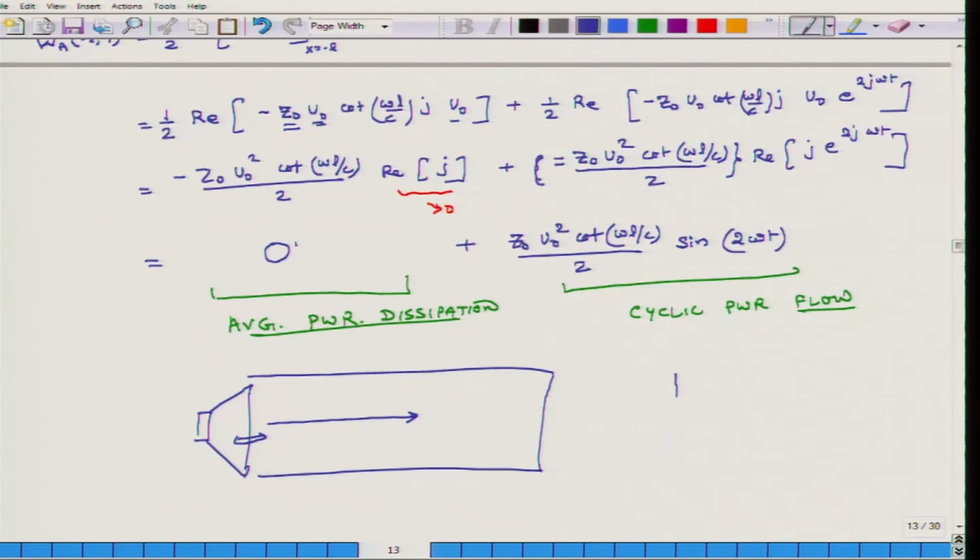What is happening is that your power in one half the cycle it is positive. So, in half of the cycle the speaker dumps power into the system, and in the other half the cycle the system dumps that power back into the loudspeaker. Okay. That is what this analysis means.